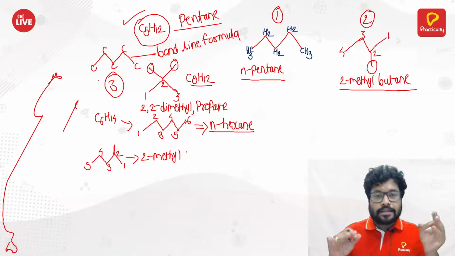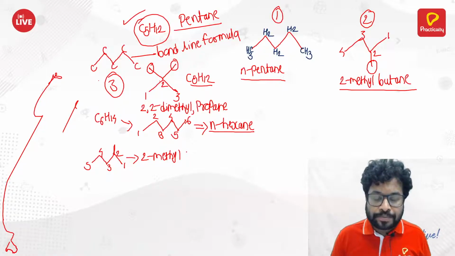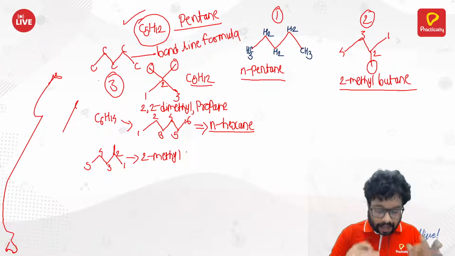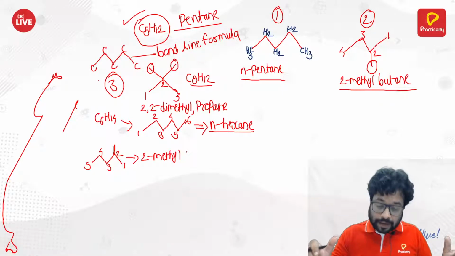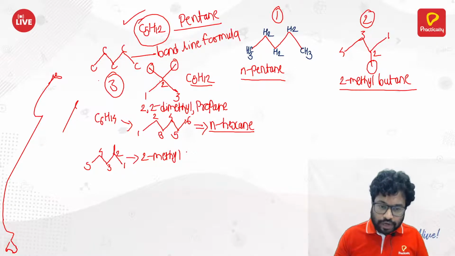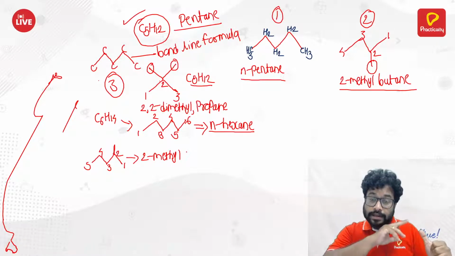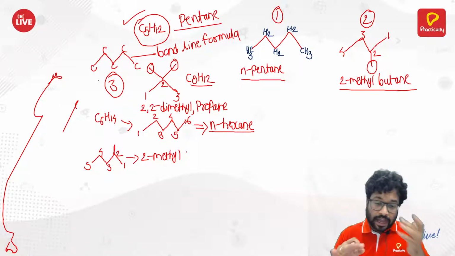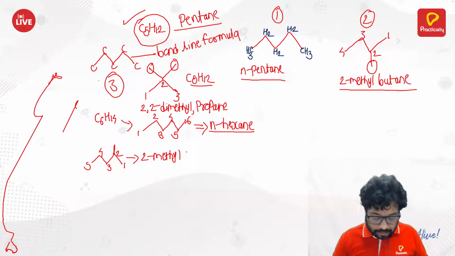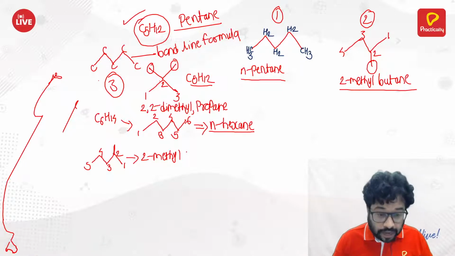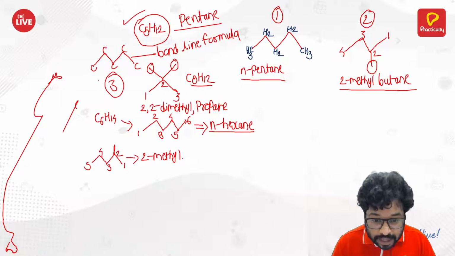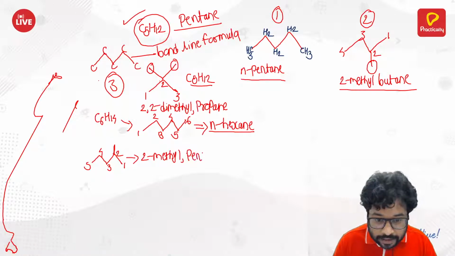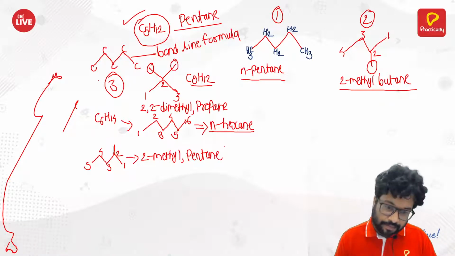That is what chain isomerism is all about. Every isomer is going to have the same number of carbon atoms, same number of hydrogen atoms, but the number of carbon atoms in the longest chain is going to be different. And that is why the name came, chain isomerism. Okay. So 2-methyl pentane. That is the name of this compound.